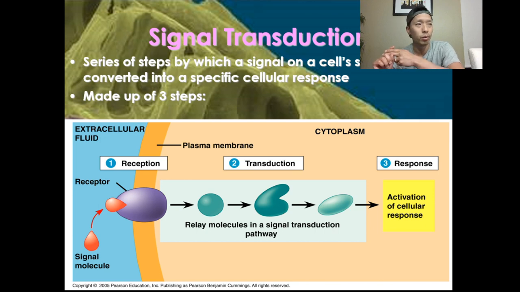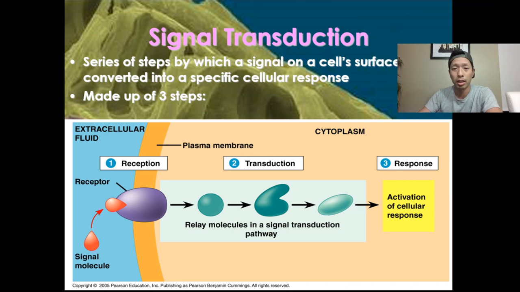If you think about it, whether the response is to go into mitosis or apoptosis or to secrete a certain protein or make enzymes, it always comes back down to making some kind of protein. So chances are that message is going to find its way to the nucleus and then turn on some kind of transcription factor.